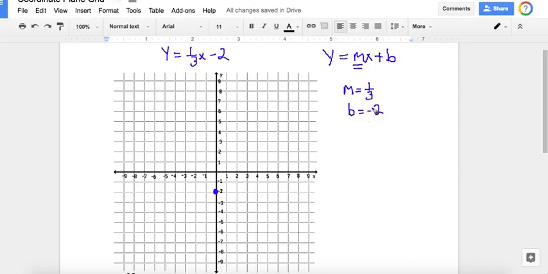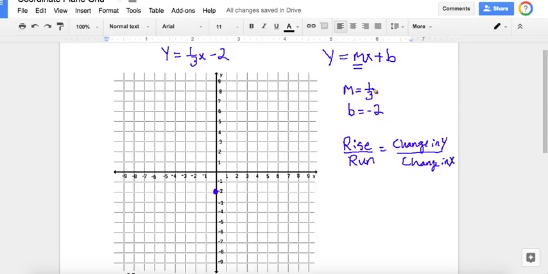And the slope is 1/3. So remember, we do rise over run. And another way of looking at this as well is change in y over change in x.